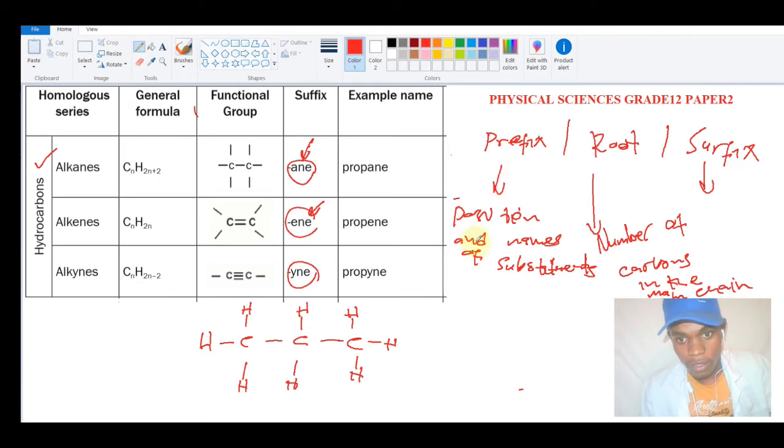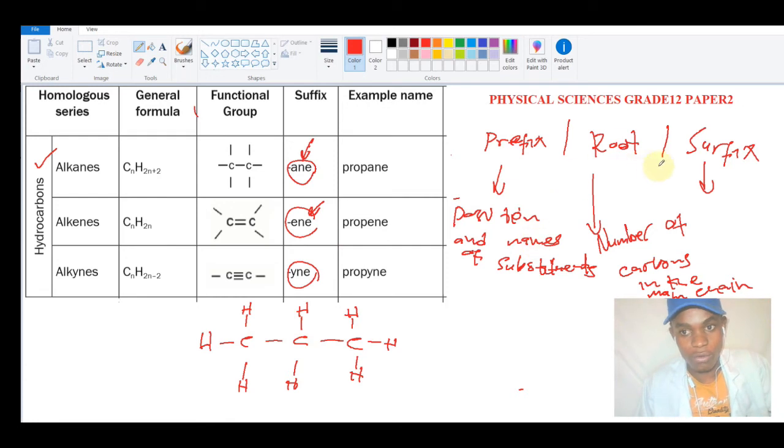In the case of propane, we don't have a substituent, because a substituent is a certain group that replaces a certain hydrogen. Let's say this hydrogen is not here, it is replaced by a certain group. That group, we call a substituent. Right now we have only hydrogens and carbons. No hydrogen is replaced by any group here. So we don't have any substituent, so we don't have a prefix for this particular name.